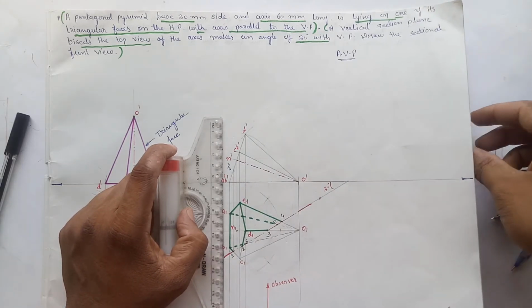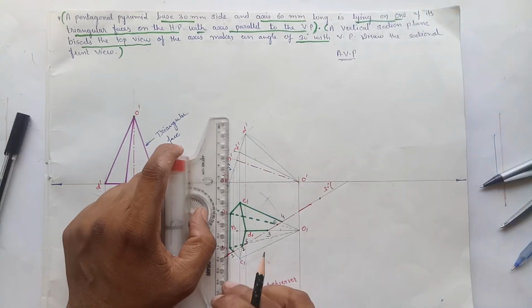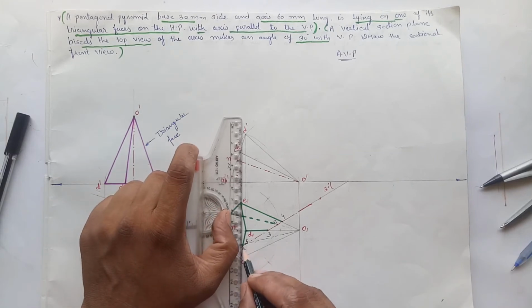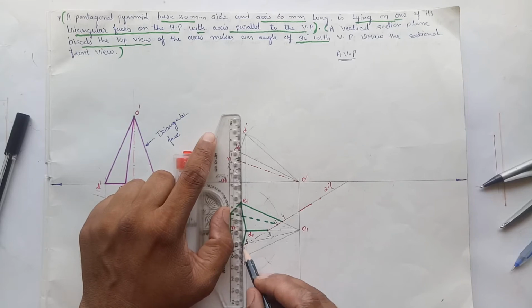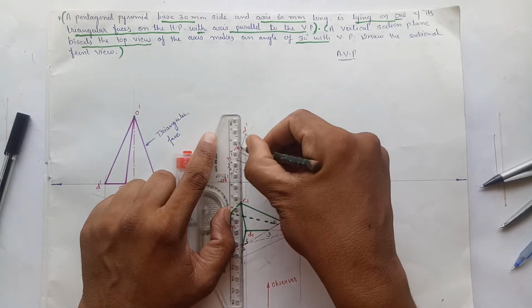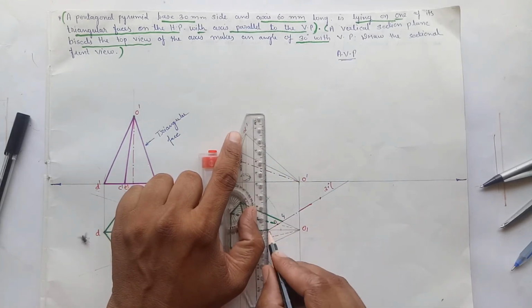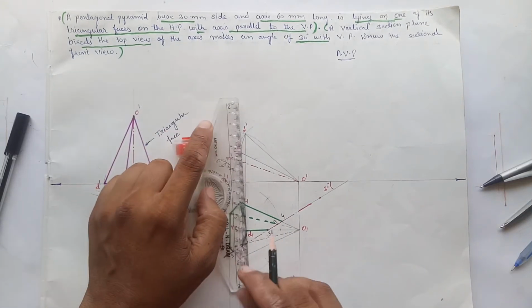Then after that 2 and 3, likewise 2. 3 is on the slant edge OD.